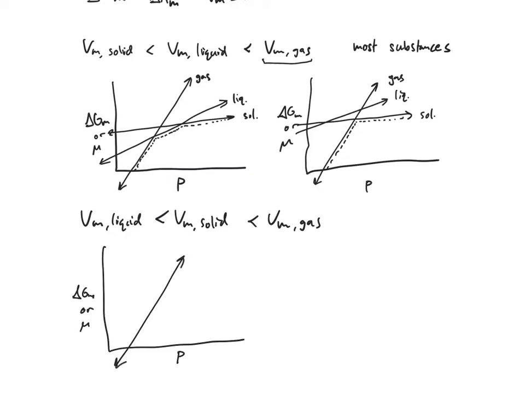Gas is going to have the largest slope, followed by solid, followed by liquid. Down there. So then we'll have a transition from the gas state to the solid state to the liquid state.